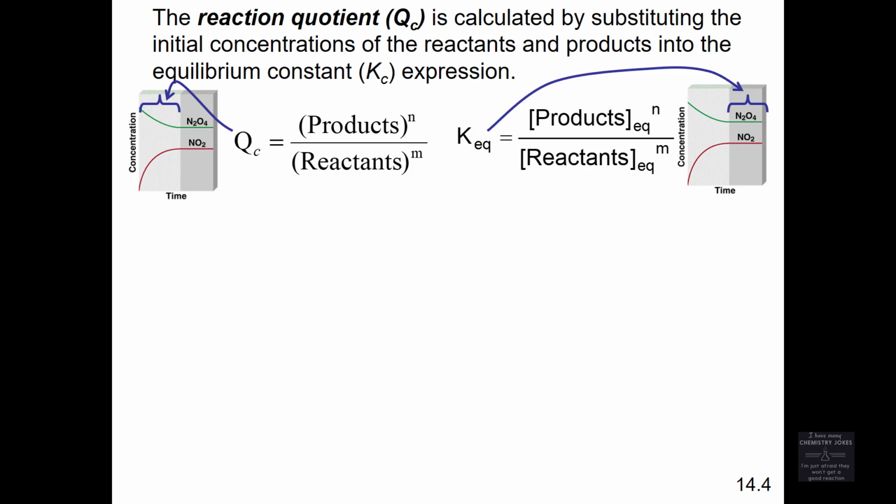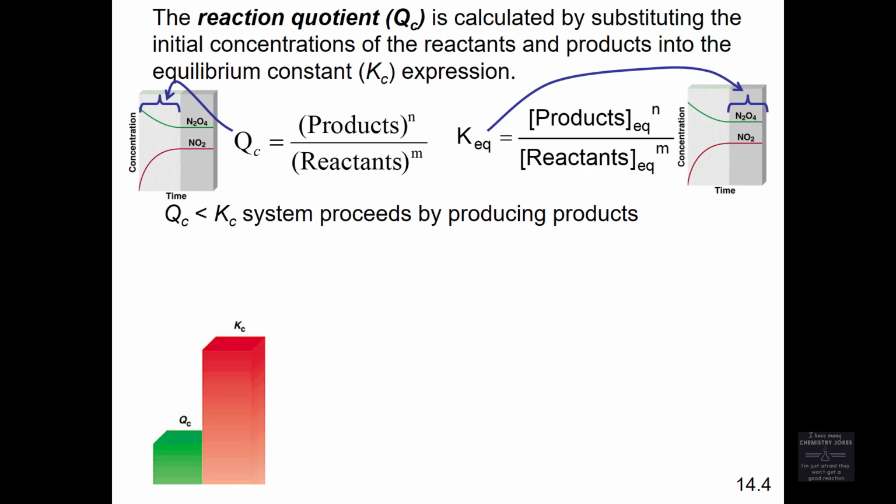Sometimes we will calculate Q so that we can compare it to K and decide what happens to our reaction. If Q is smaller than K, that means that Q needs to grow to be bigger. And the way I think about this, I really think about this every time, I don't memorize the Q greater than, less than kind of stuff. I just realize that Q needs to grow.